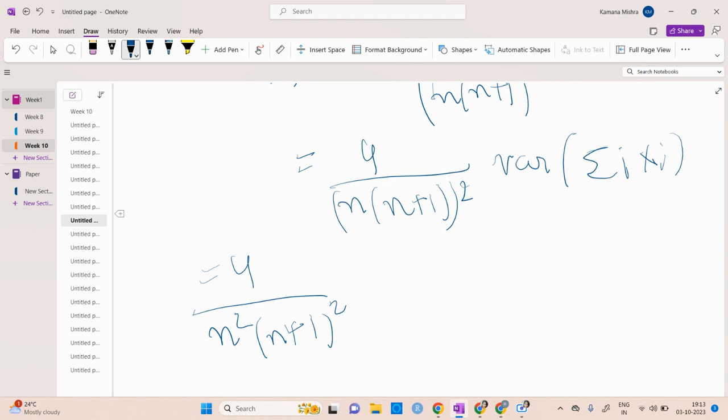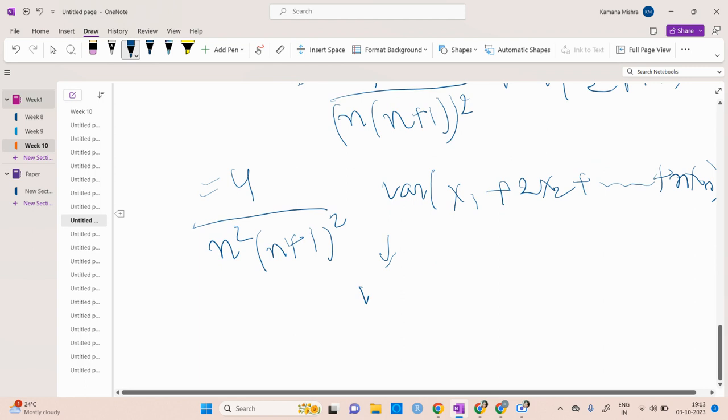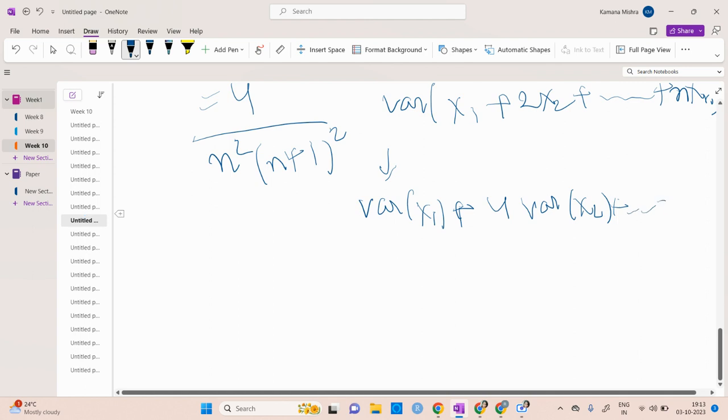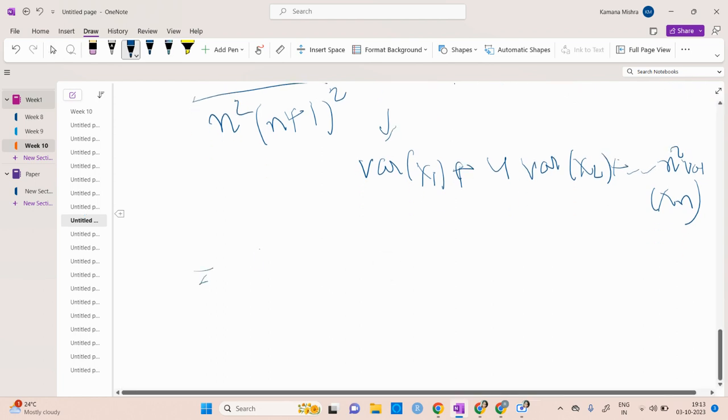Variance of x1 plus variance of 2x2 up to nxn. Now variance of 2x2 will be 4 variance of x2, because in terms of variance it will be a square. So variance of x1 plus 4 variance of x2 up to n square variance of xn, and variance of all xi's is what? pq. So it will be 4 upon n square (n plus 1) square.